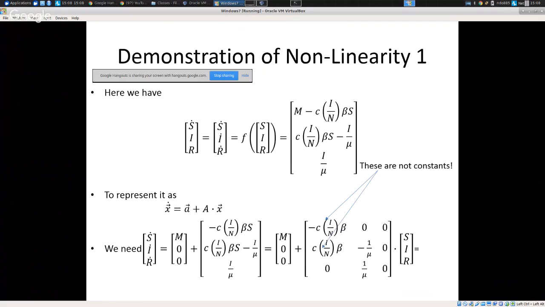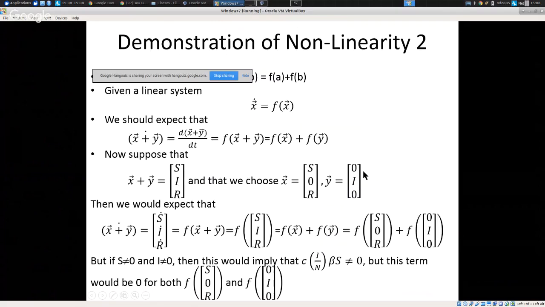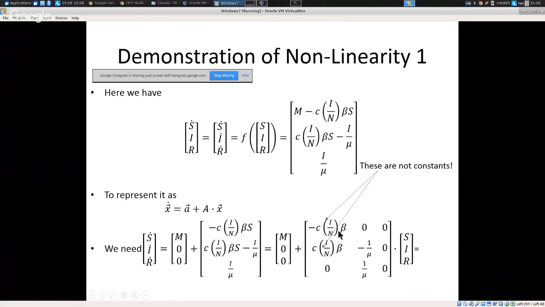So here, I can rewrite these top terms up here using this simple matrix notation. This times S, and it's a minus sign here, and nothing times I, and nothing times R. And then I have here C times I over N times beta times S on this row.